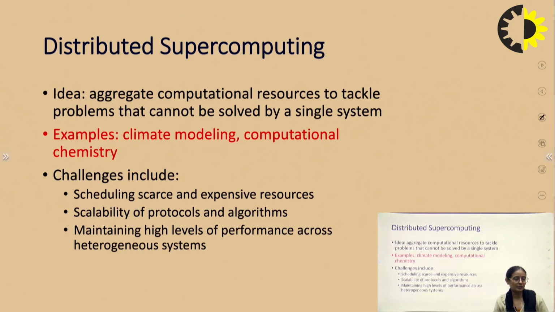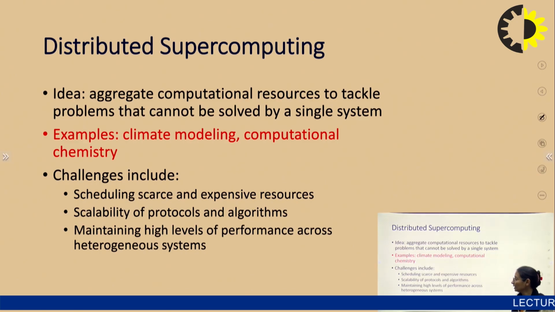They are very computation-intensive applications. Here the model we use is distributed supercomputing. What are the challenges to be addressed here? Scheduling scarce and expensive resources, scalability of the protocols and algorithms, and maintaining high levels of performance across heterogeneous systems.